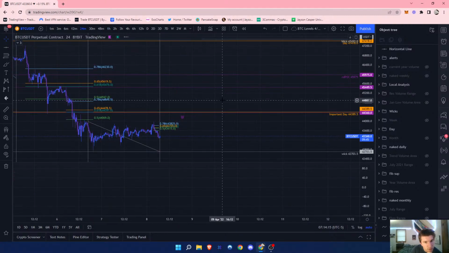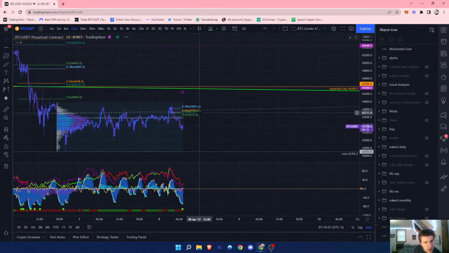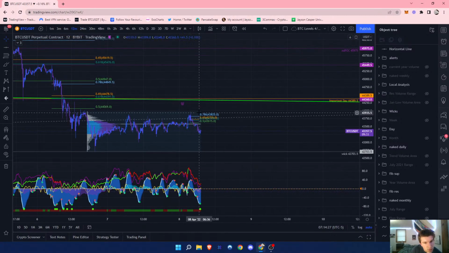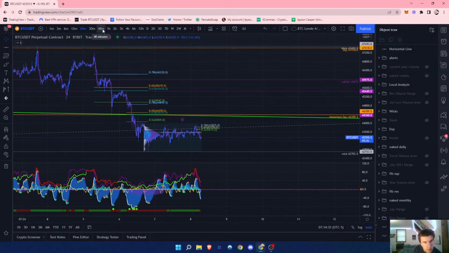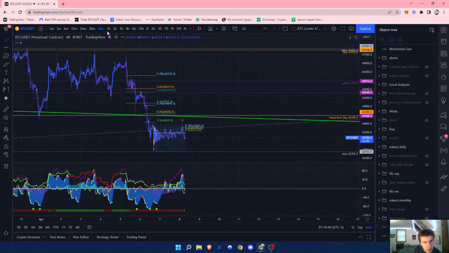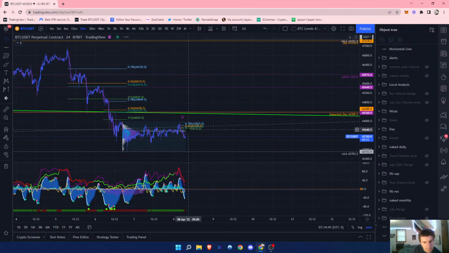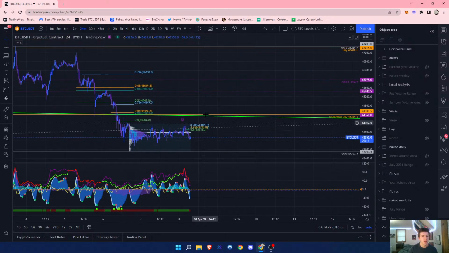Let's look at 24 minute. 12-minute possibility, in case we do break above this. Money flow coming up. My best bet would be the 24-minute, honestly.